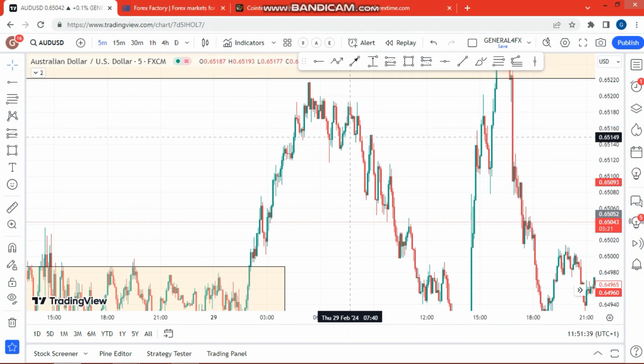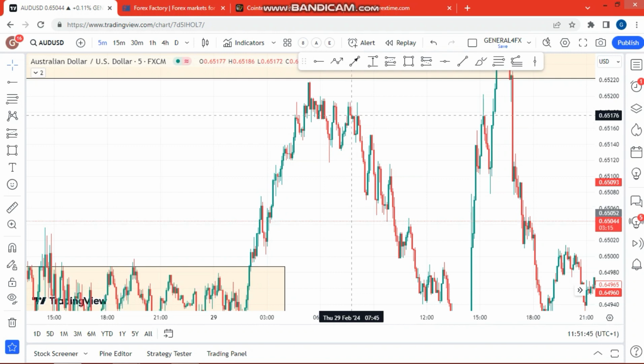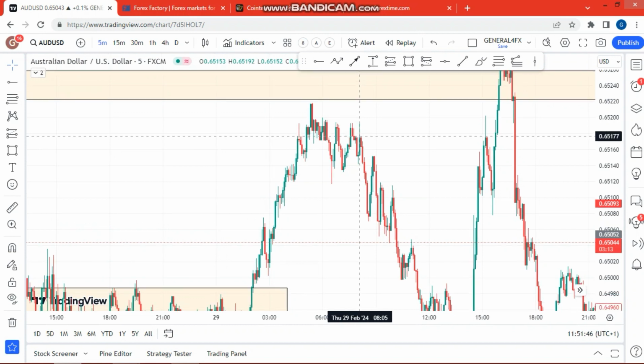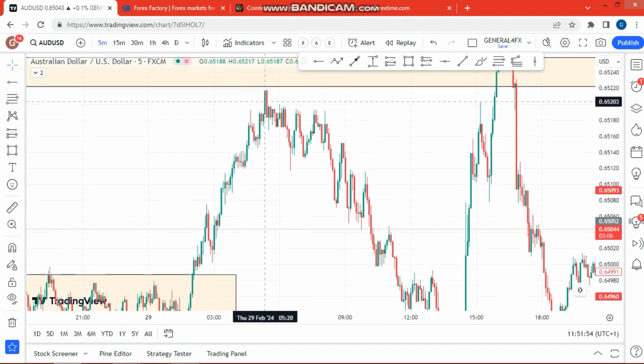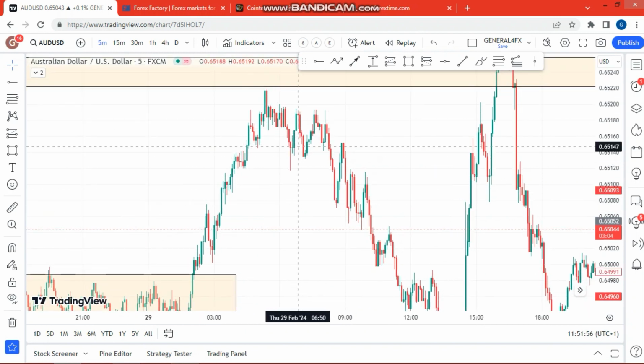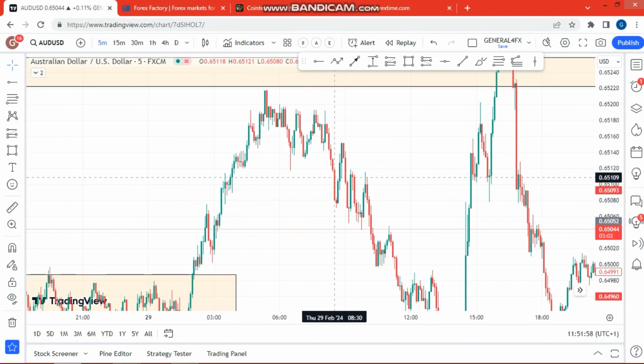You already know the buyers are out of this market, so the sellers are in the mix. So price broke down below it and came back up to retest that area right here. As you can see, price is very easily following that same concept. Price came back and this became our entry. Now I did not enter based on this candle, I entered based on this huge momentum candle.